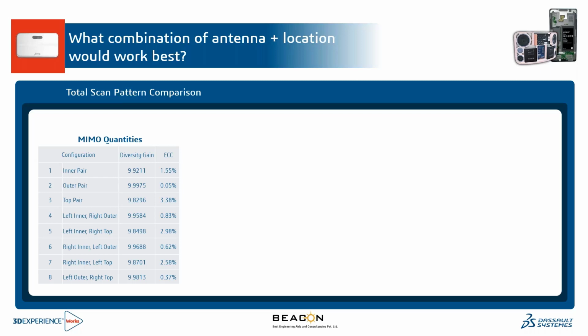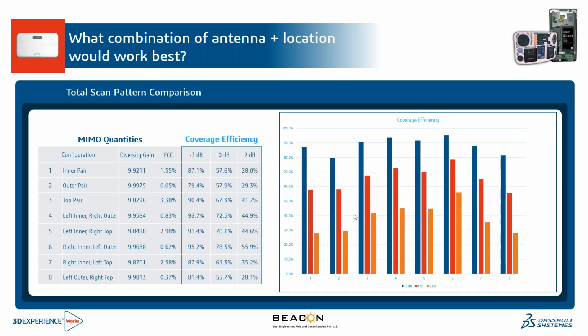So MIMO characteristics here show not much difference in diversity gain, where all are better than 9.82 decibels, and envelope correlation coefficients here are all below 0.38%. If we look at the coverage efficiency here, there is a big difference between the best case and worst case, which is greater than 2.